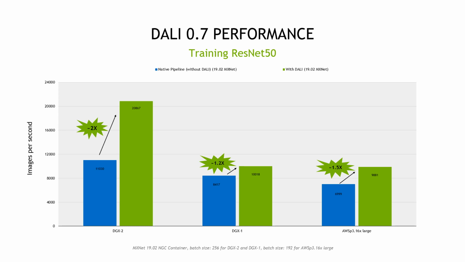In this case, you can see how many images per second you can get from the hard drive, with a native pipeline, so without using DALI, and with DALI. In the first 2 bars on the left, this is the DGX2, where you have 16 GPUs available with a lower ratio between CPU and GPU.